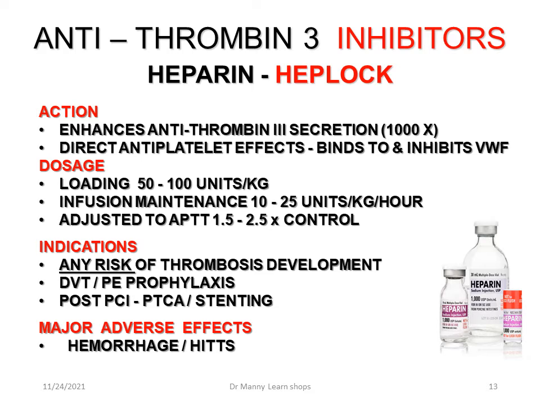The indications are any risk for thrombosis development, which could be deep vein thrombosis, pulmonary embolism as prophylaxis, or post-percutaneous coronary interventions such as percutaneous transluminal coronary angioplasty and stenting. Again, the major adverse effects of heparin are hemorrhage or heparin-induced thrombotic thrombocytopenia syndrome.